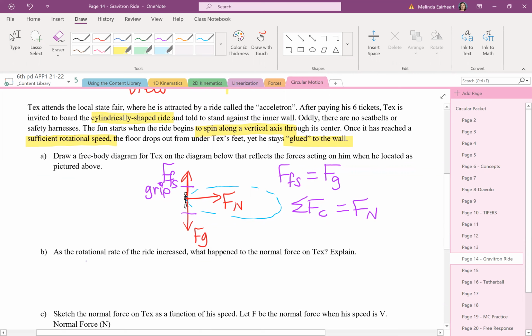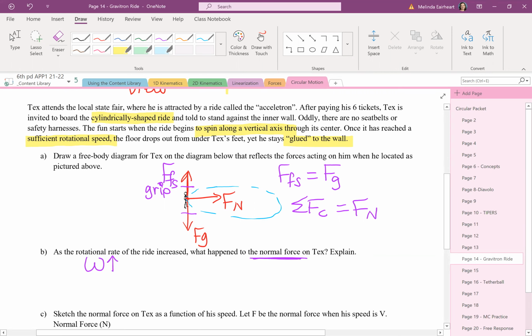Angular speed or velocity, okay? By the way, in the future, maybe they give us RPMs, revolutions per minute, and we'll have to convert it to radians per second. That's coming in the spring. But as the rate of the ride spins faster, faster, faster, it increases.